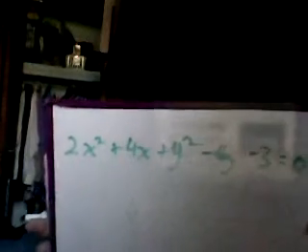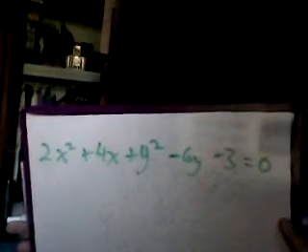Okay. Here's the conic section here: 2x squared plus 4x plus y squared minus 6y minus 3 equals 0. So you're going to want the x's and the y's to be together, and you want to add 3 to both sides to get the 3 onto the right side of the equation.